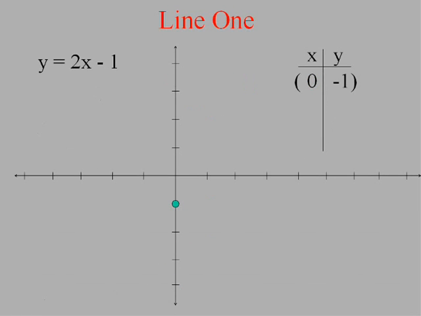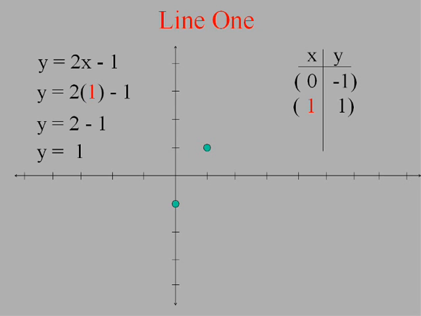Okay. Let's put in another number for x. And we'll put in our next easiest number, 1, for x. And apparently 2 times 1 minus 1 will equal 1. In that case, x is 1 and y is 1. So I'll graph that point by going over 1 and up 1.